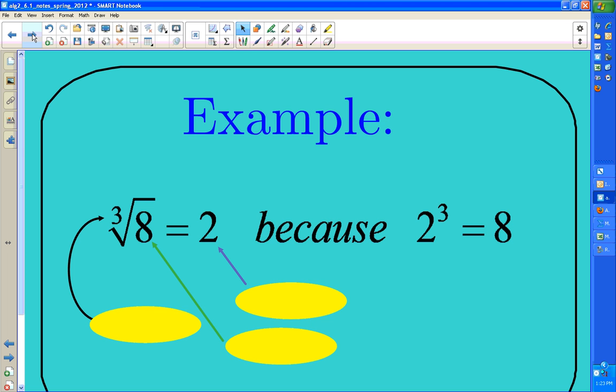Okay, so in this example, what's the 3 called? That's the index. What is the 8 called? It's not the root. It is in the base position when we raise it to a power, but this isn't really being raised to the power. The thing under the radical is called the radicand.